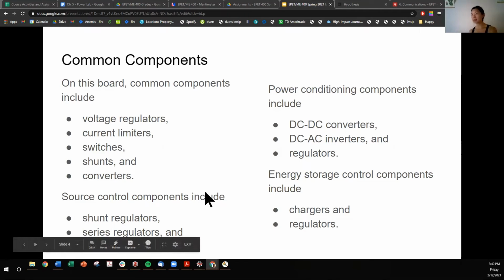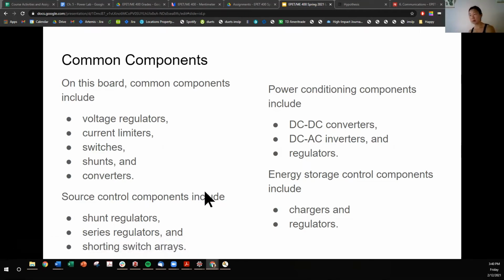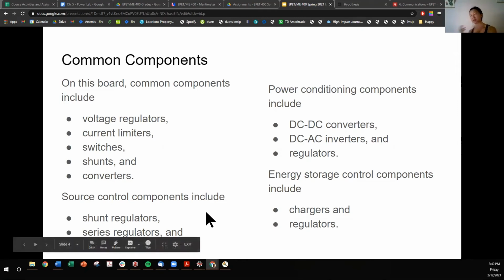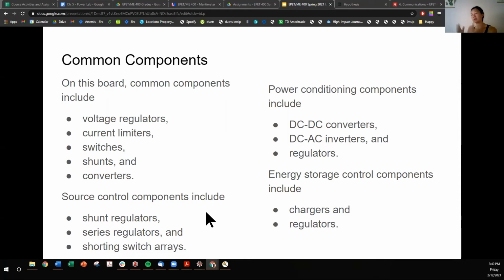Where do we use those? For source control or power generation, you'll commonly find shunt regulators like we just talked about. If you're generating too much power, you can shunt that away to protect your batteries or whatever energy storage you have. And then we have series regulators, which are essentially voltage regulators.